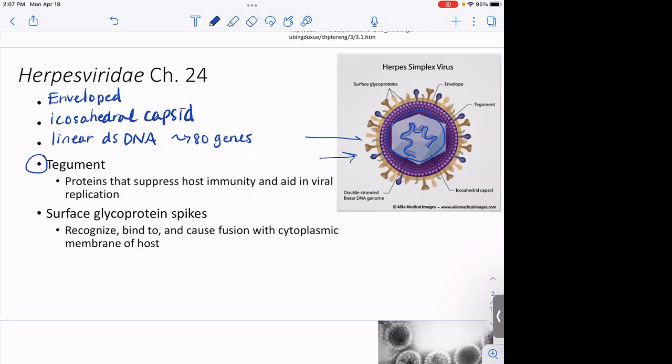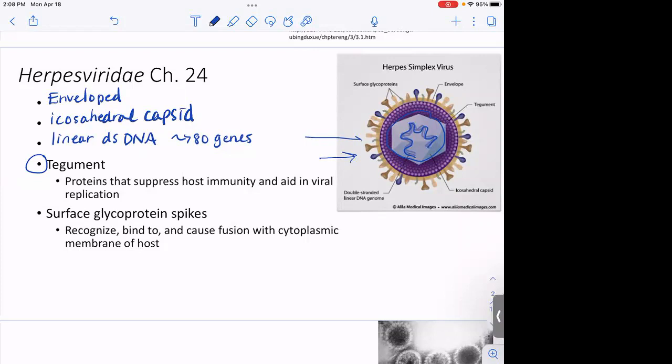It might encode for proteins that keep our cells from expressing MHC class 1. Remember, those are the glycoproteins that express what's going on inside of the cell. If it's not advertising that, then our adaptive immunity is not going to be able to realize that that cell is infected with a virus.